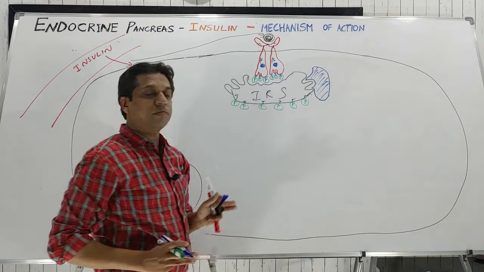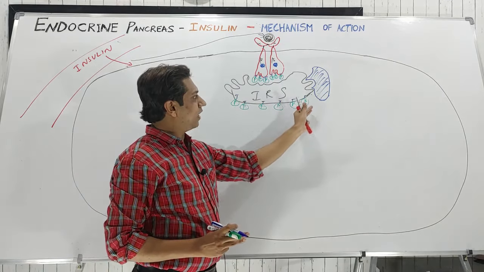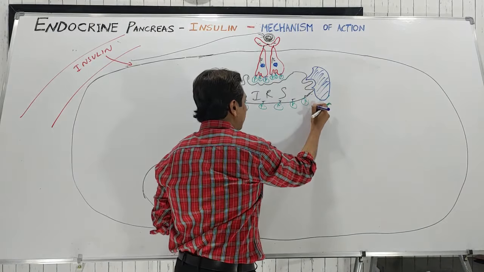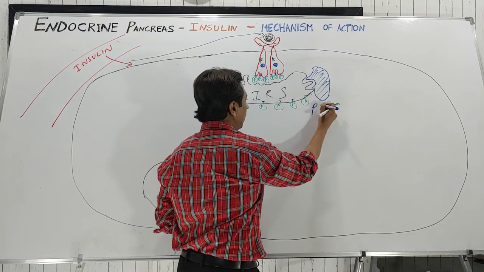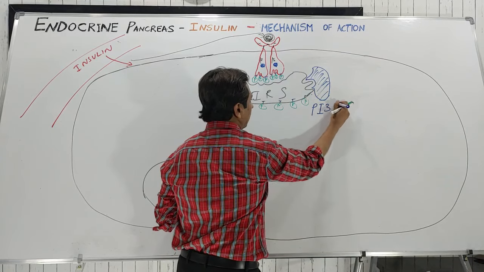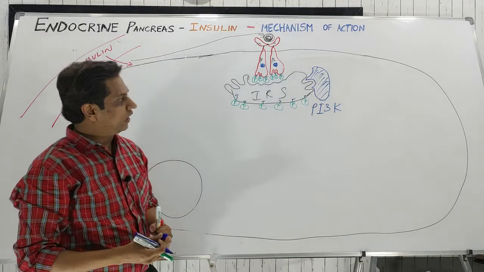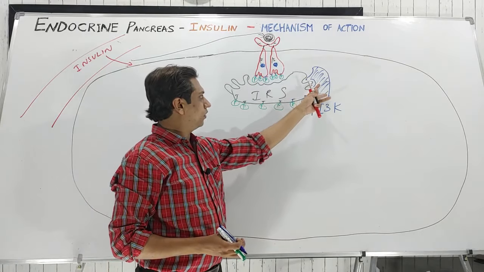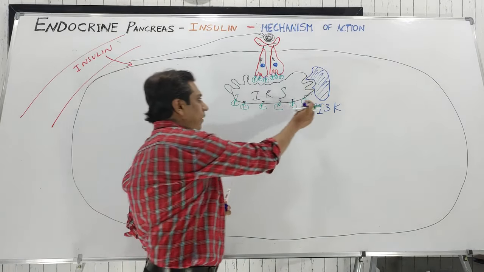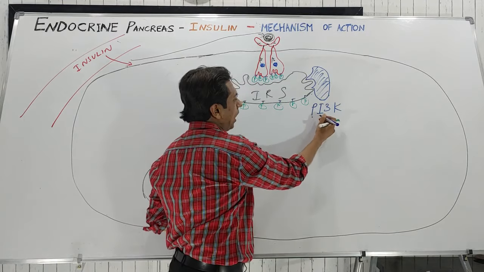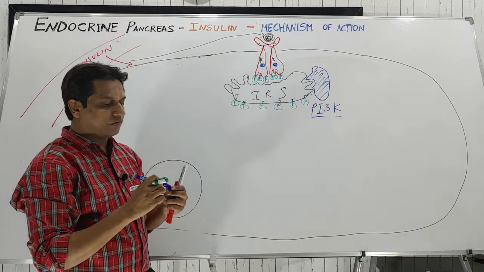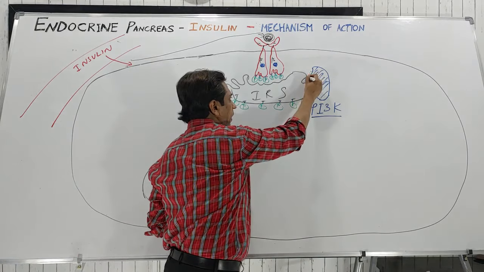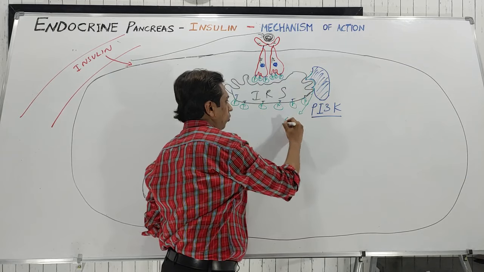This insulin receptor substrate was free, but once it gets activated, it will bind to one more protein or enzyme. This protein or enzyme is known as phosphatidyl inositol 3 kinase. It was in the resting condition in the cytosol. Now it will bind to this one, and the binding domain of this phosphatidyl inositol 3 kinase is referred to as SH2.